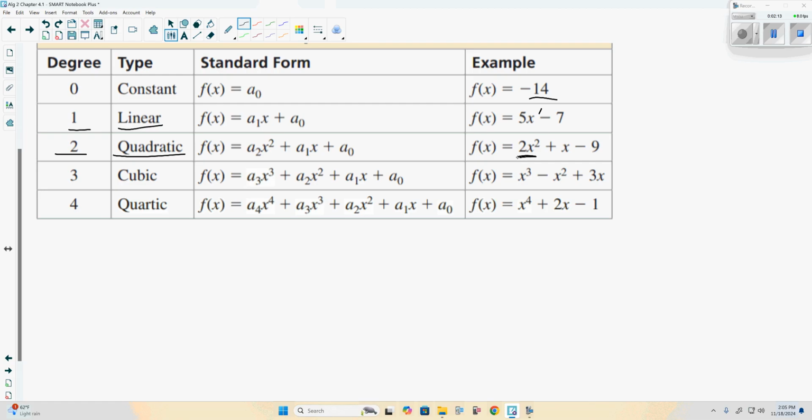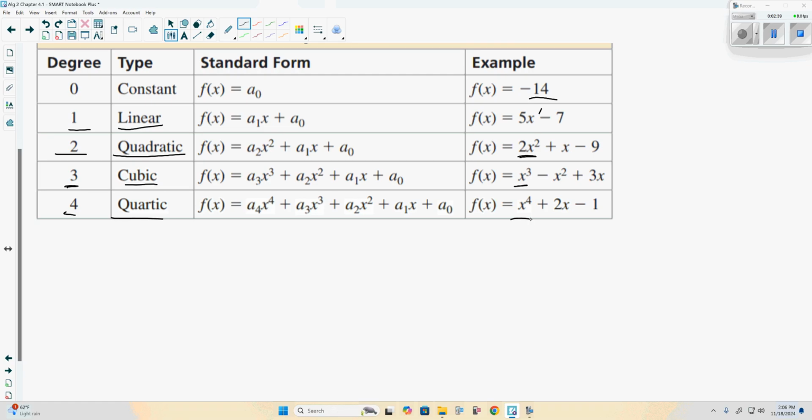Our next one is a cubic. We call it a cubic because the degree is 3. The biggest exponent attached to a variable is 3. Next one that we have is quartic, and we call it quartic because it is a degree 4. Biggest exponent attached to a variable is 4.